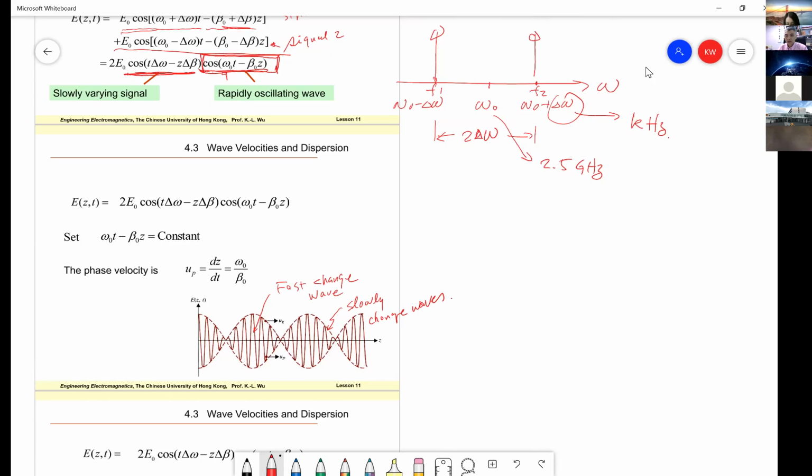Your information is carried by the slow wave, not by the fast wave. We call this the envelope.